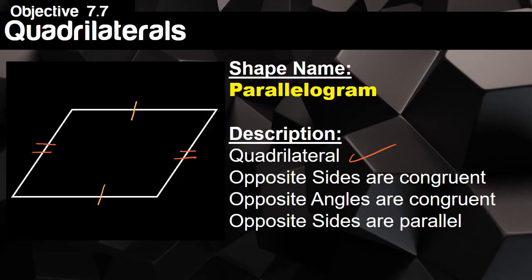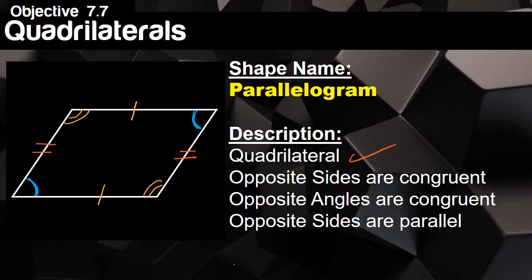The opposite angles are congruent, so we can match these up. This bottom left angle matches up with the top right angle, and the bottom right angle matches up with the top left angle. You see how I marked those with the little arcs in the corner.